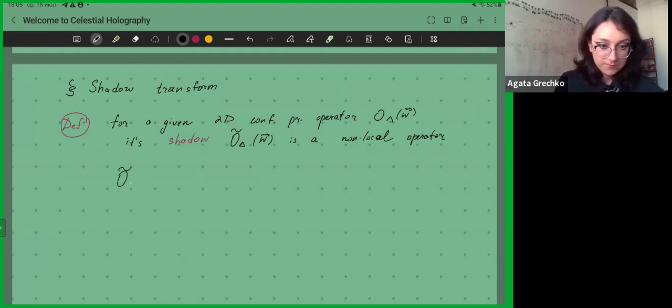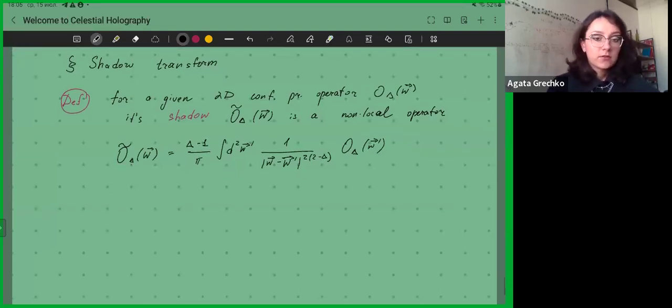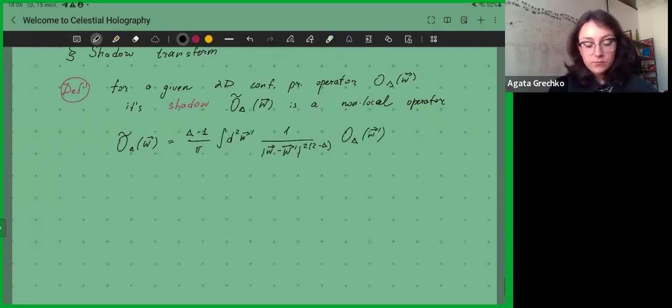So the O tilde of some w is an integral transform, with some normalization, d squared w prime, of 1 over (w minus w prime) to the power 2 minus delta, times O(w prime). This integral transform is called the shadow transform.